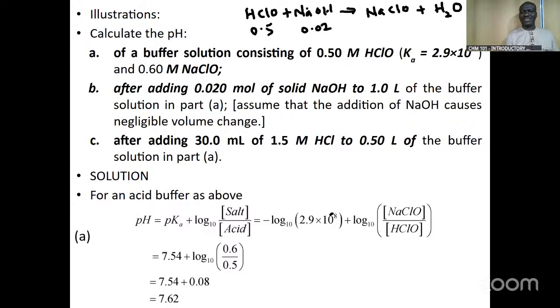Since this is the limiting reagent, what we form here will also be 0.02 molar. And what will be left here will be 0.5 minus 0.02, which is 0.48. So in solution, you're going to have 0.48 of this, and you're going to have an additional 0.02 of this. Now, this additional 0.02 will combine with this to give us 0.62.